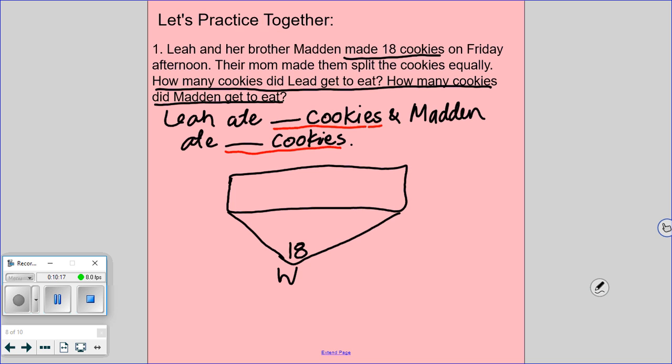Okay? I see this sentence right here. Their mom made them split the cookies equally. That tells me that I need to make 2 groups, right? One for Leah and one for Madden. So I'm going to split my bar in half. I'm going to have a Leah group and a Madden group.